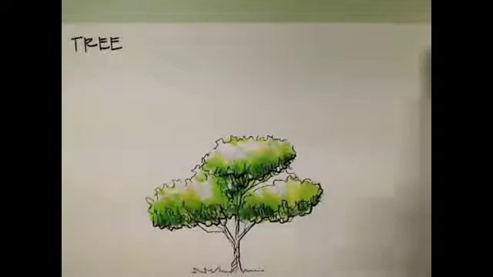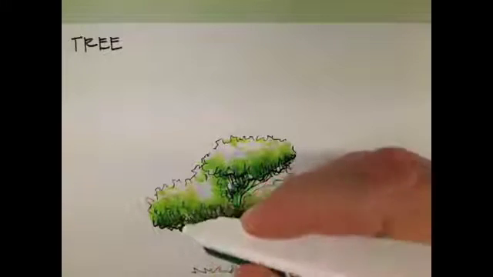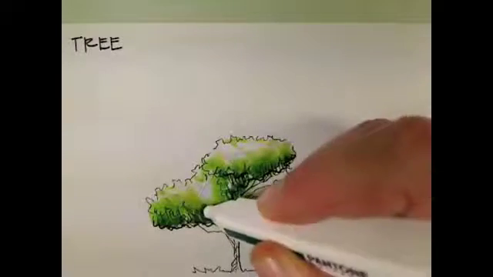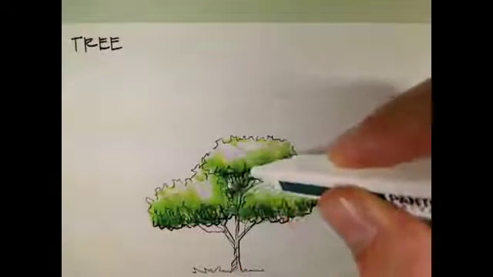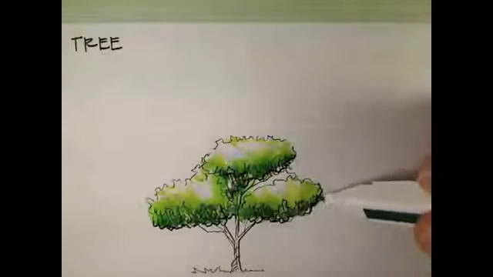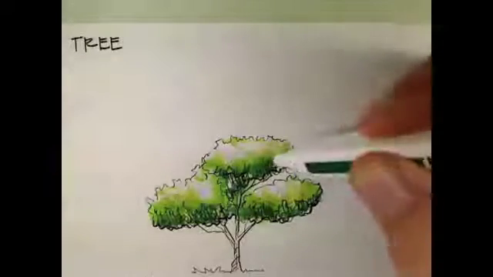I'm going to take the dark green with the firm edge and really kind of work in those shadow zones a lot more. Maybe add a few little stipples of those in there.